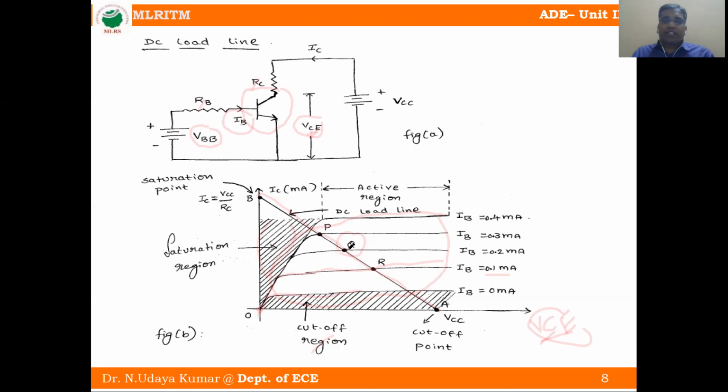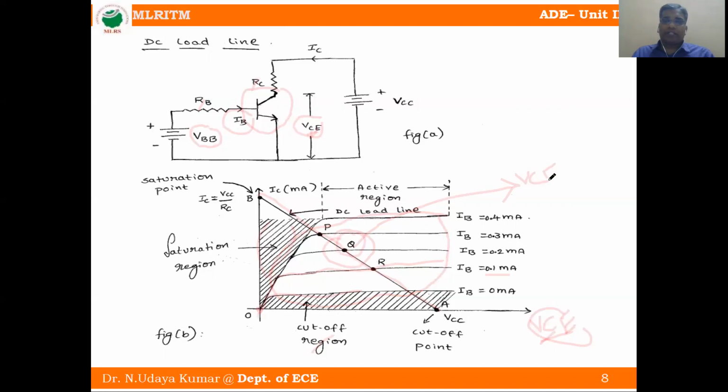Similarly, if we take this Q point below the middle, the negative portion of the input wave is clipped. So we always preferably take the Q point at the middle of the active region. So what do you mean by Q point? Q is nothing but VCE.